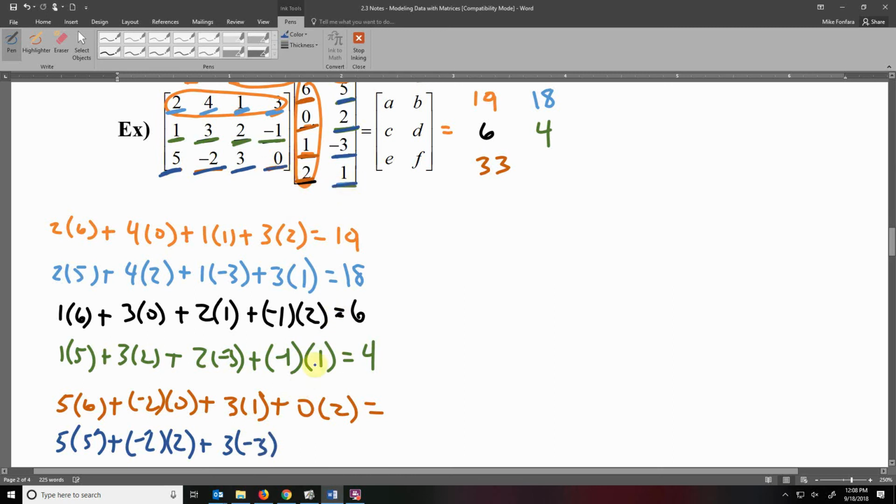And 0 times 1. So we've got 25 minus 4 minus 9 plus 0 for a total of 12. So that is my final outcome, my 3 by 2 matrix.